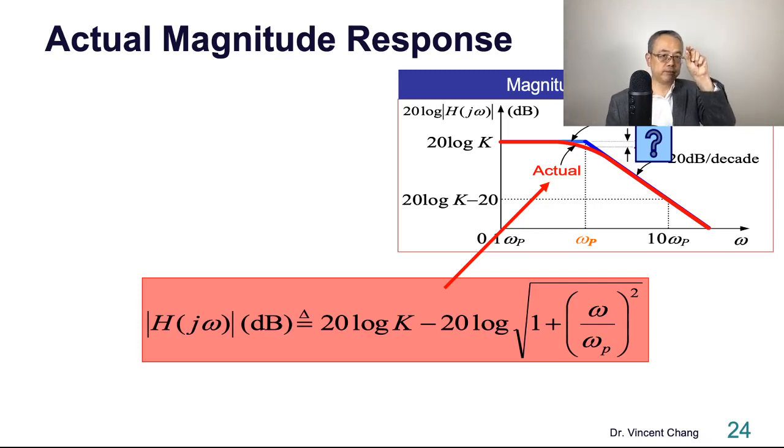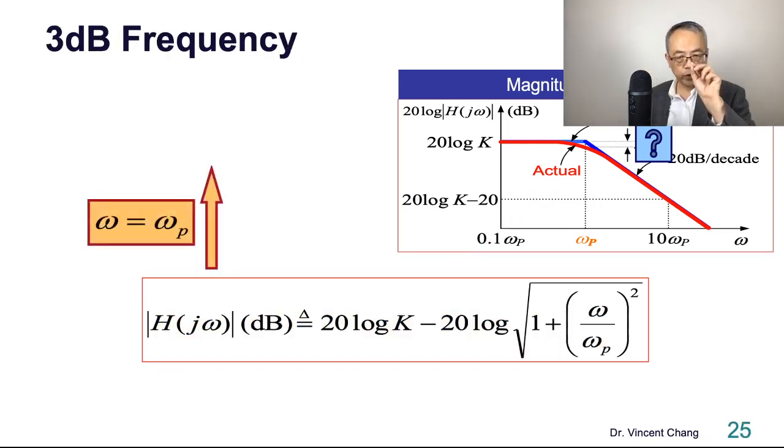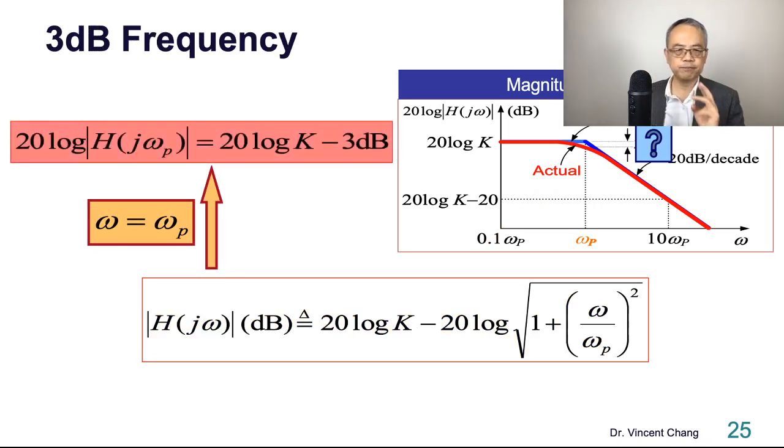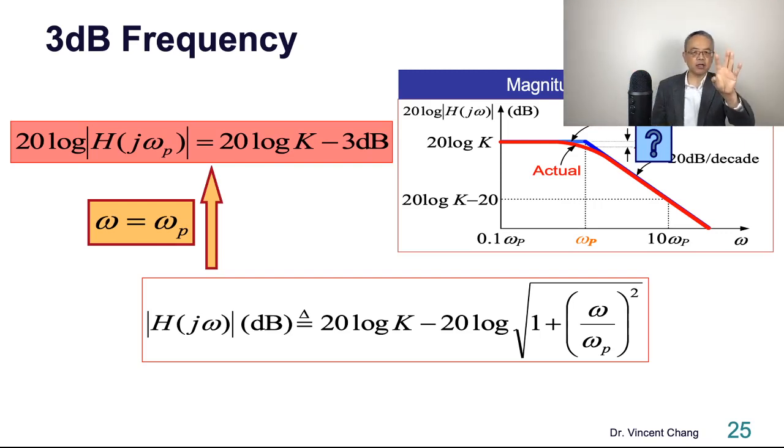What's the error? What's the difference? We can calculate this. You can plug in omega equals omega p. Then we get log square root of 2. So you can put the half outside the log, so 10 log 2. 10 log 2 is 3 decibel.